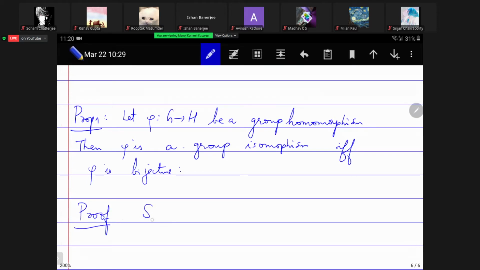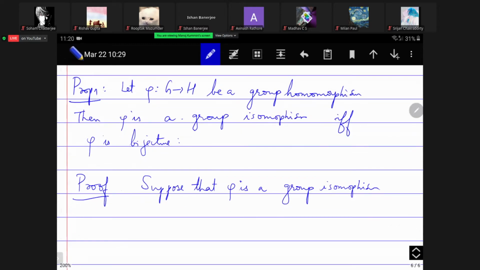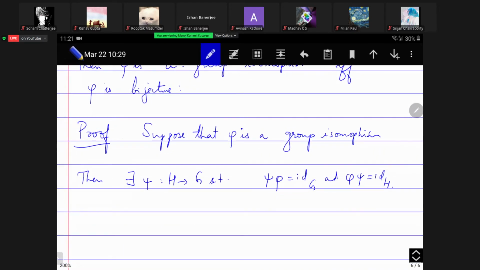Suppose that phi is a group isomorphism. Then there exists psi from H to G such that psi phi is the identity map on G and phi psi is the identity map on H. But just think of these as functions; it's just that the functions respect the group binary operations.